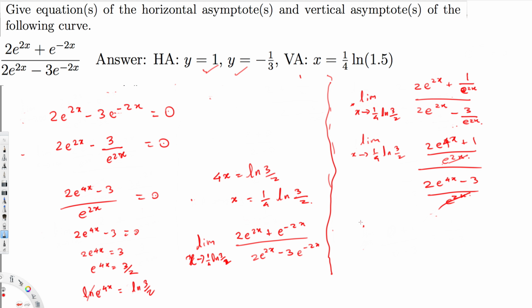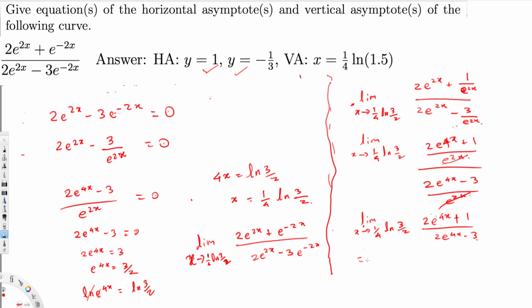Then I get the limit of (2e^(4x) plus 1) over (2e^(4x) minus 3). Now I can substitute this value right here and see what happens.